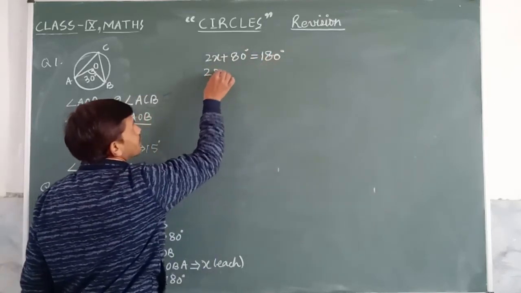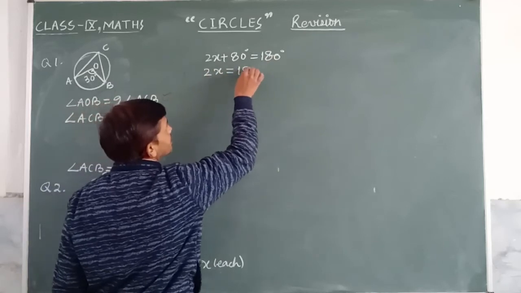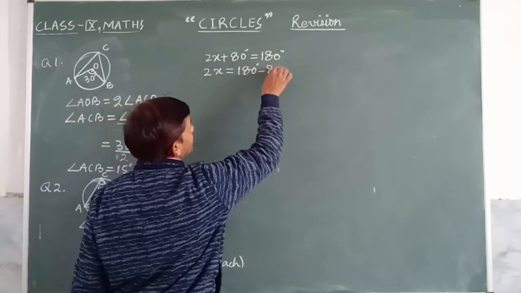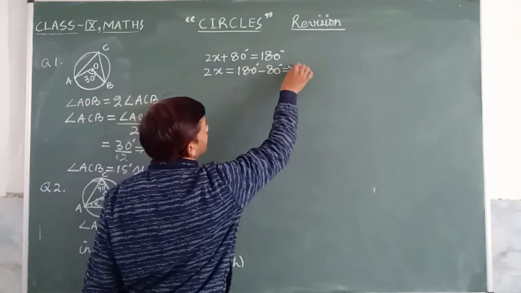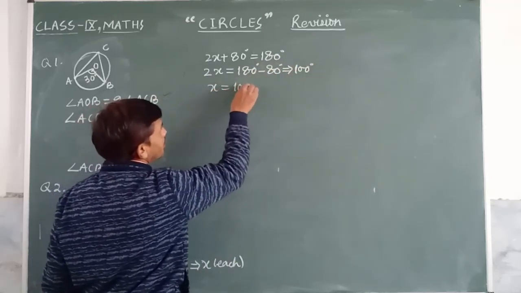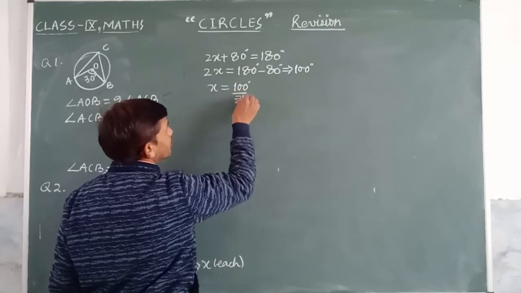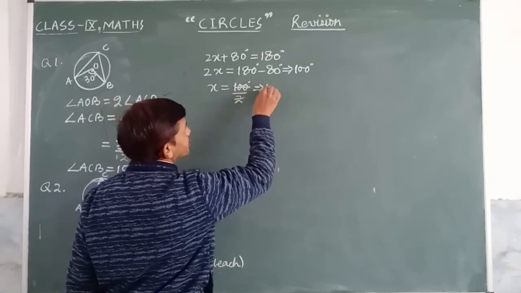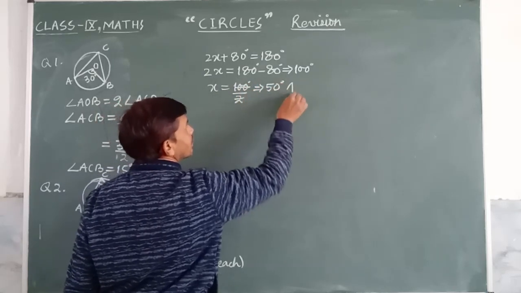So this 2x equals 180 minus 80, which results in 100. So this x equals 100 upon 2. This results to 50 degree. That's the required value of x.